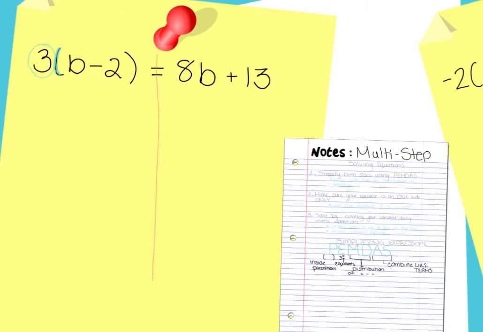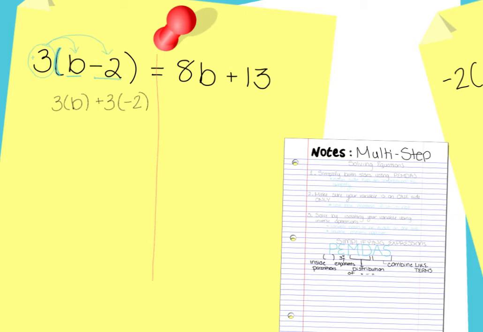So I'm going to take that positive 3 and distribute it to my b and my negative 2. Remember that we need to make sure that we're keeping the sign in front of the number. So we're going to do 3 times b and positive 3 times negative 2.